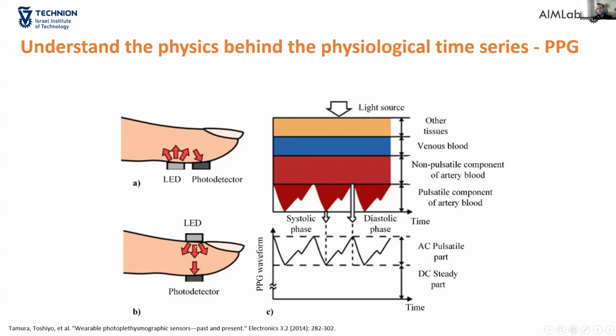The amount of light being absorbed is modulated by a pulsatile component, which is the arterial blood flow in the microcapillaries in your finger. As blood flows through your finger, this modulation of the arterial blood circulating affects how much light is absorbed and thus transmitted.